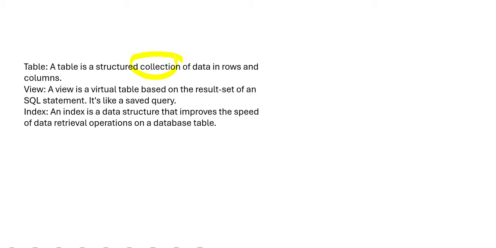And a view is not even a physical entity. It is a logical object. Consider a view as a query that you create and are able to save. Consider that as a saved query. An index is a data structure.